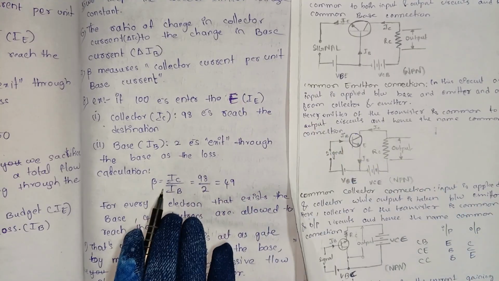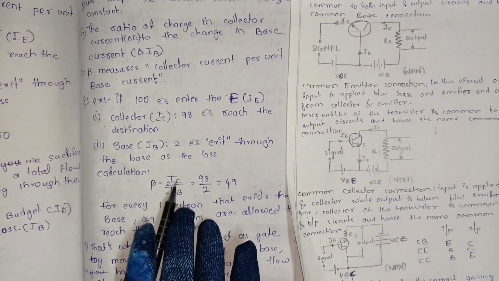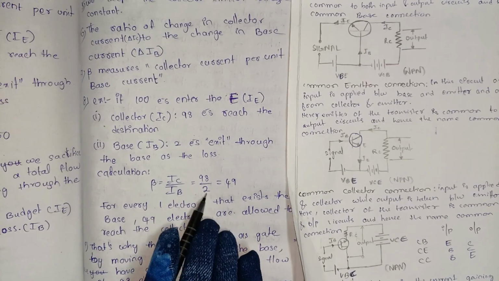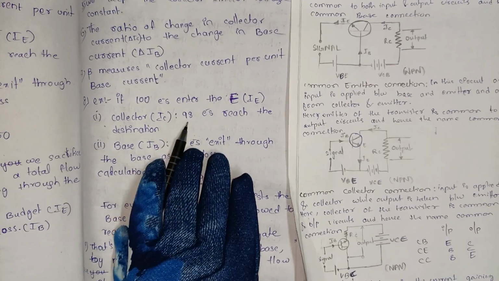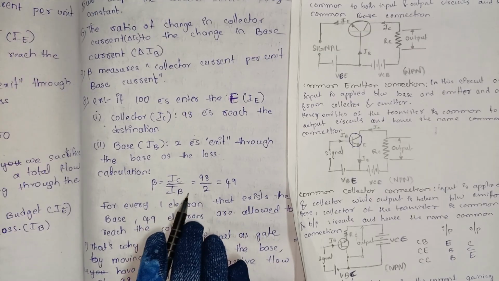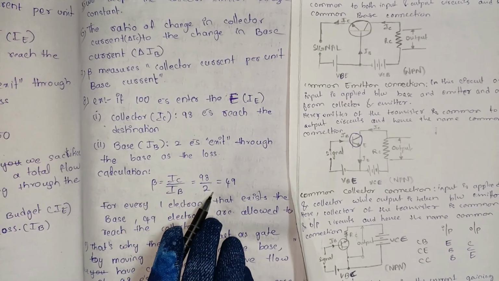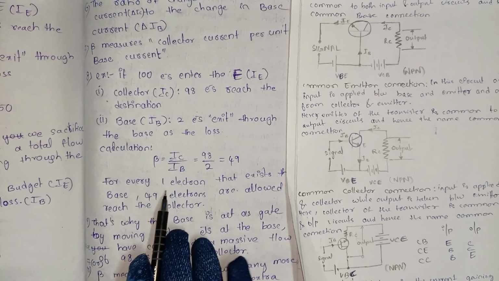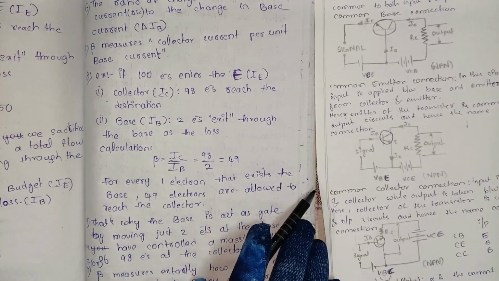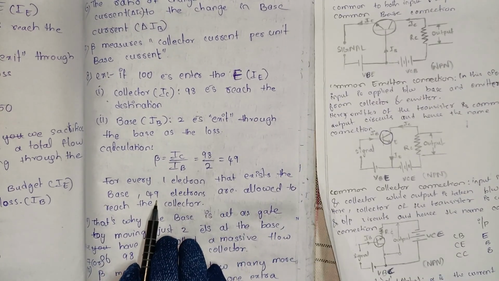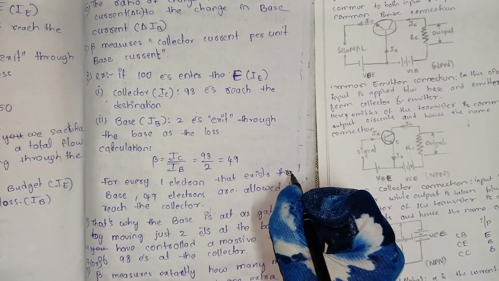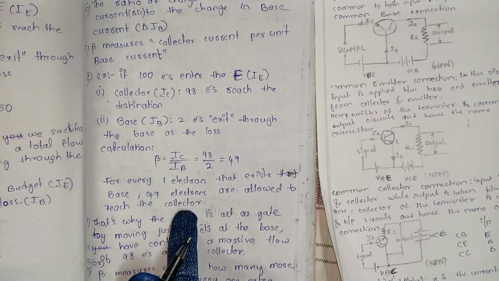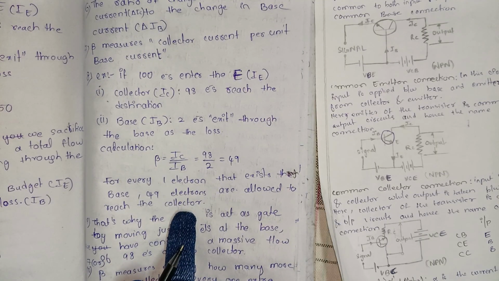So in calculation, beta is equal to Ic by Ib, that is equal to 98 by 2, collector current here and base current here 2 electrons, that is equal to 49. So for every 1 electron that exits through the base, 49 electrons are allowed to reach the collector. Okay, have you understood?